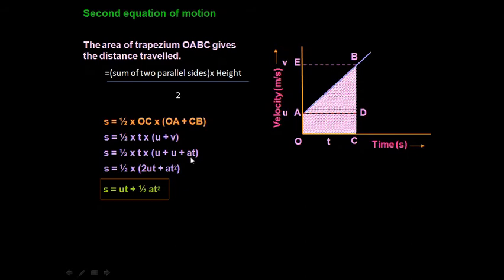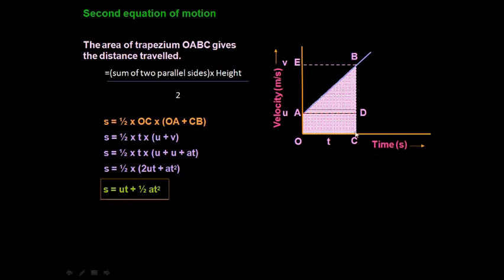We can rearrange a little and we will get the equation s is equal to ut, t into u is ut, plus half at square. So this is the second equation of motion: s is equal to ut plus half at square.